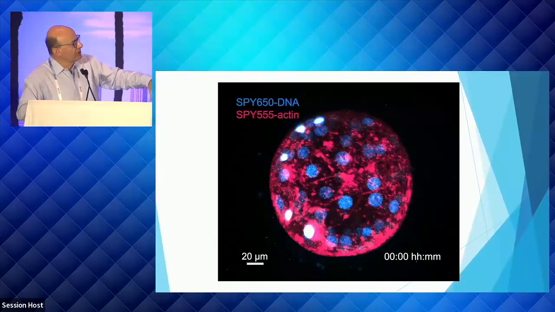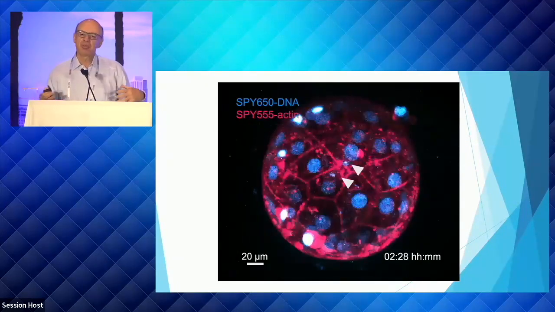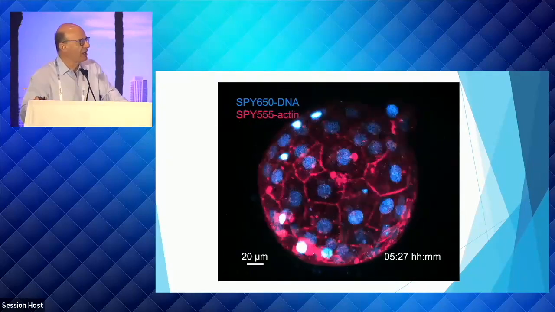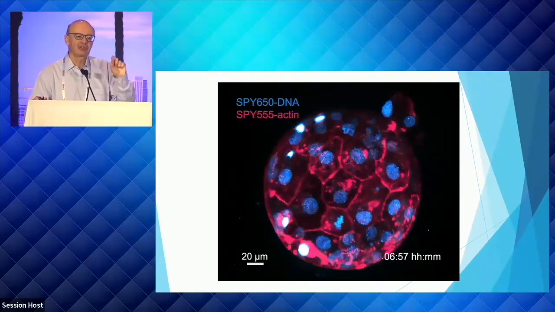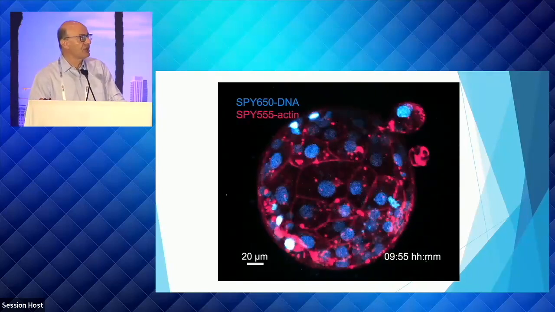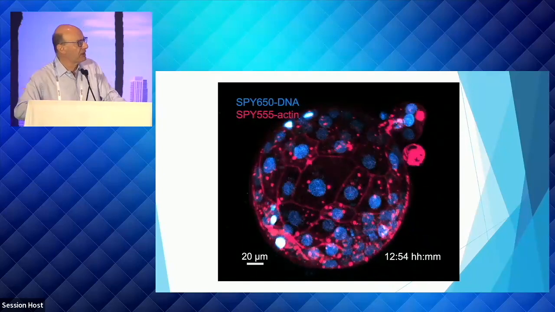If you look again at this blastocyst, we did a lot of blastocysts, and we started seeing some interesting things. You can see in the arrows there are cells that are putting out these nuclear buds. We've seen that quite frequently, and you can also see the hatching happening here in these blastocysts.